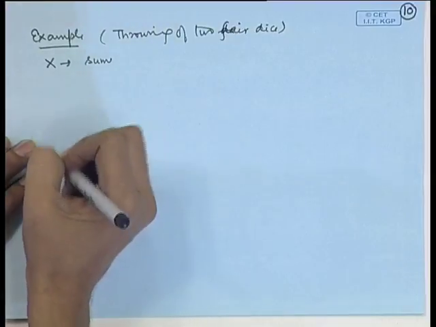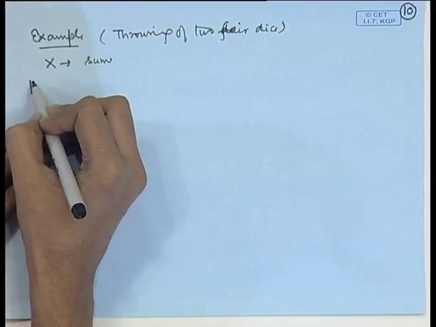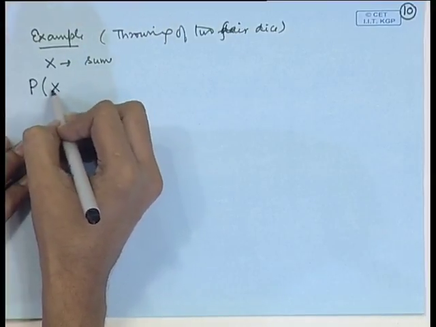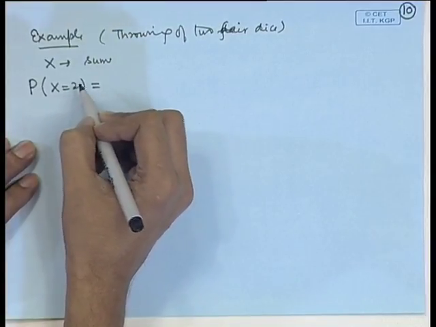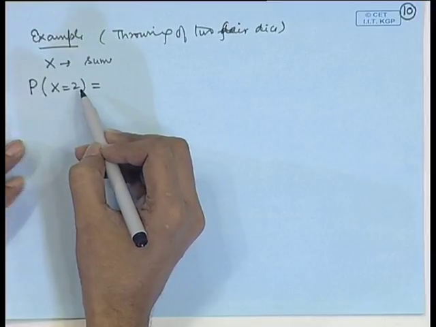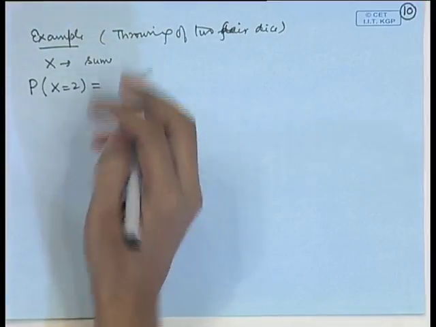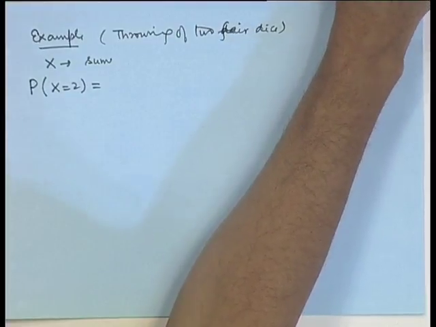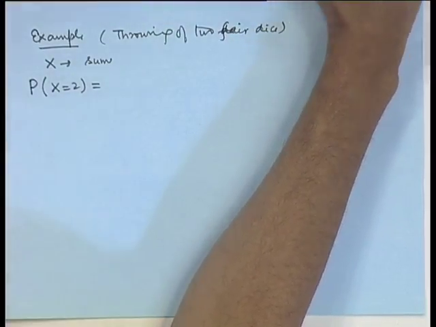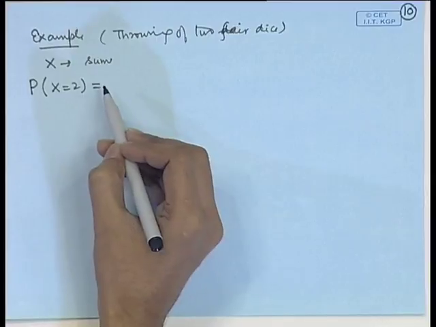Let us look at the probability allotment here. The probability of X equal to 2 corresponds to the event that the outcome is 1 1.